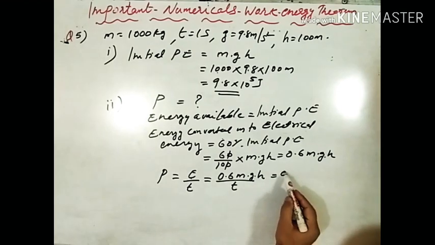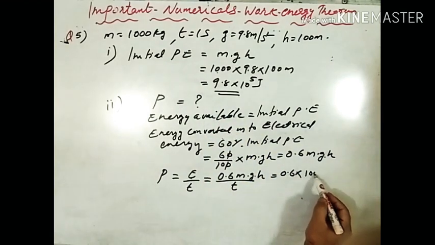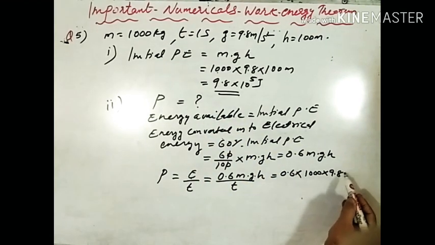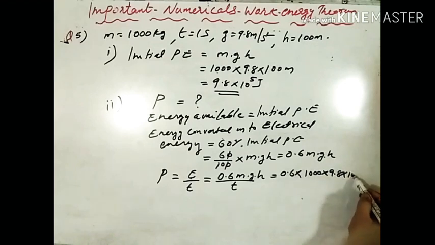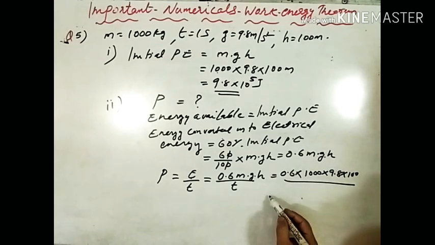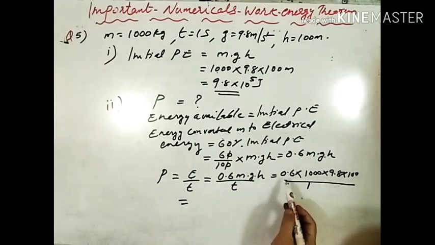That is equal to 0.6 into mgh, 1000 into 9.8 into height 100, divided by time, which is 1 second. Just solve it and see.